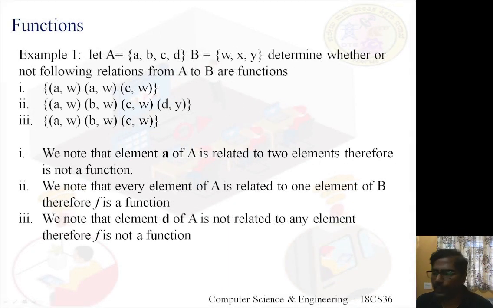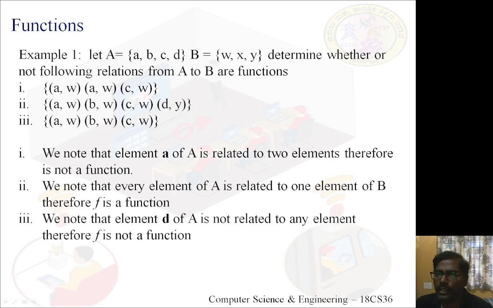Now let me have a look at one example. See here we have two sets labeled A and B. In set A there are four elements a, b, c, d, and in set B there are three elements w, x, y.